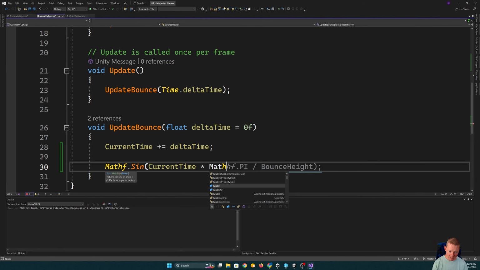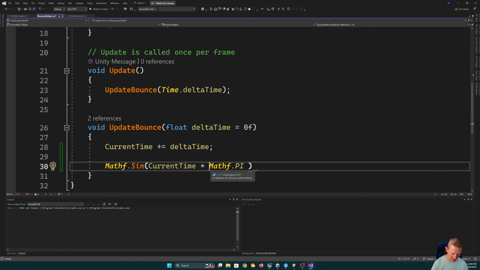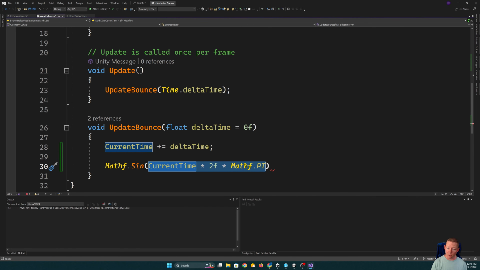So if I take the current time and multiply it, and I'll do it in this order so it's a little bit more obvious, current time times 2 times pi, that means at 1 second this would evaluate to 2 pi, which would mean it would have completed a full cycle. And every multiple of a second after that will be a full cycle.